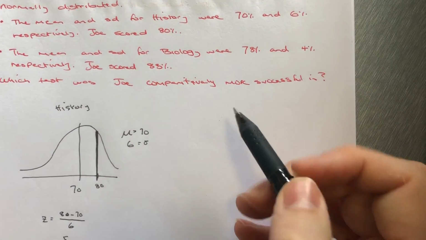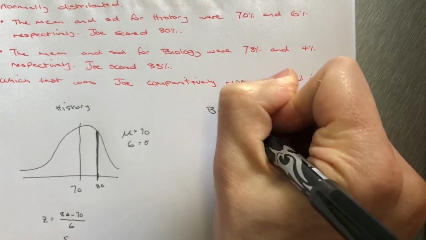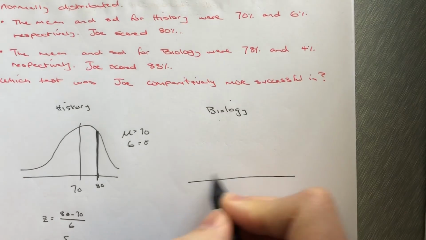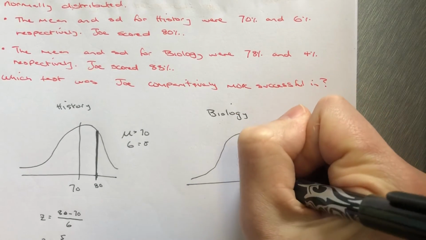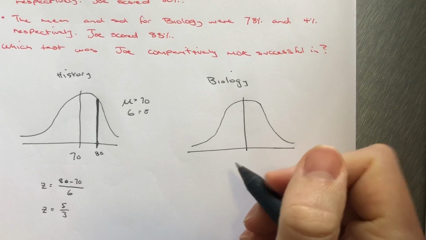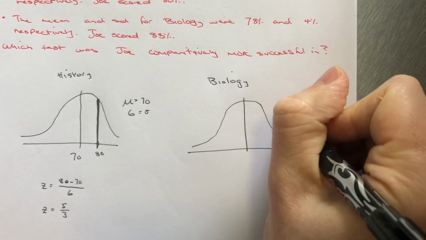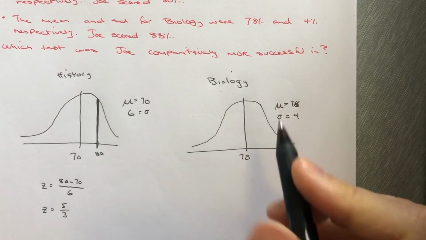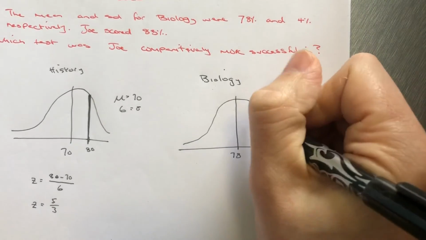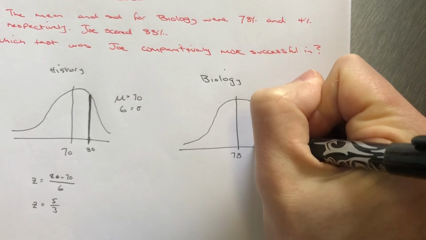Let's see how he's gone for biology. So again, let's draw our curve. We were told that the mean was 78 and the standard deviation was 4. 78, and Joe has got an 83, so he's above the mean again.